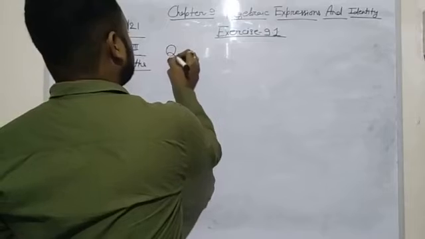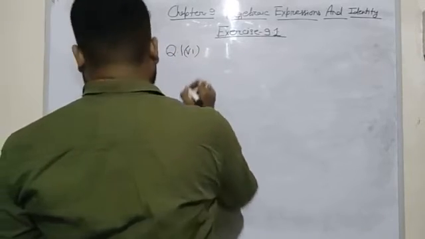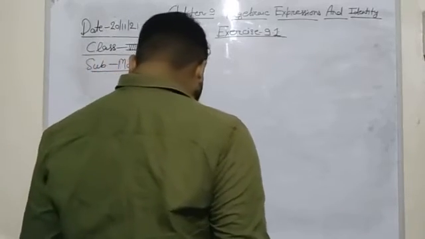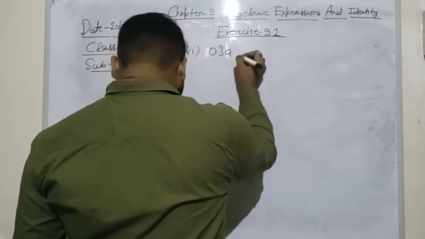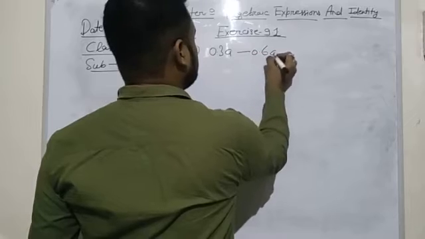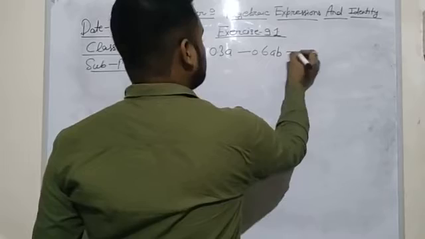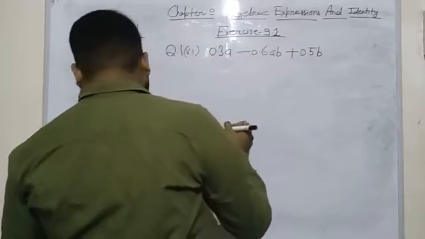Now question number 1, 6th part: 0.3a minus 0.6ab plus 0.5b.